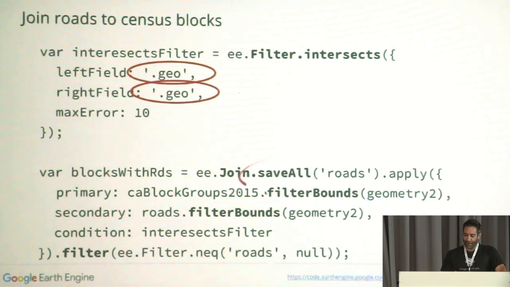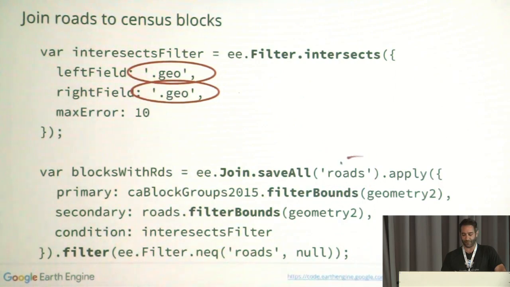The join is a save all, so we're going to save all the roads that intersect each census block group in a property called roads. That's what this argument is for. So join, save all, apply it with the primary and secondary collections, and the condition is this intersects filter that I've defined up here.